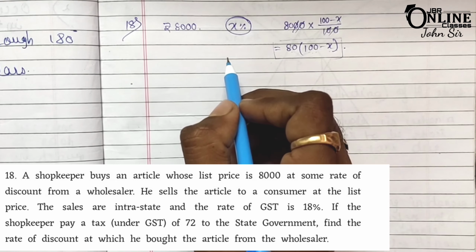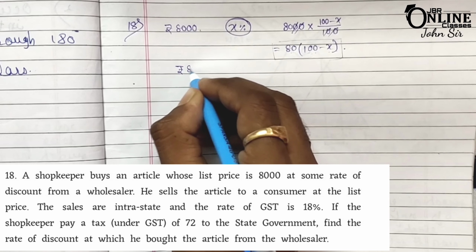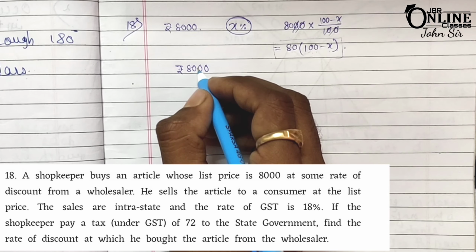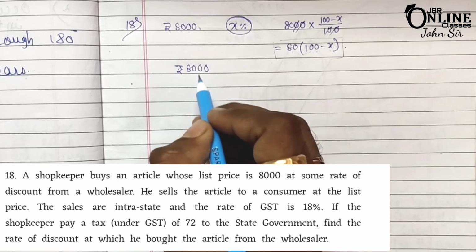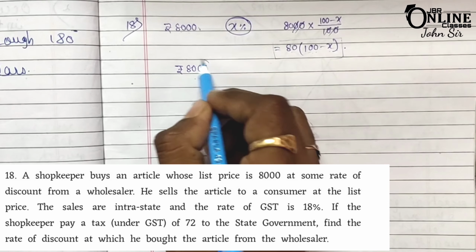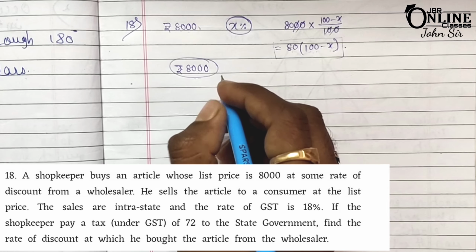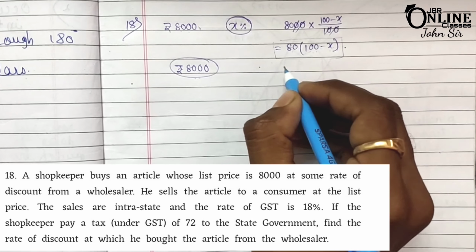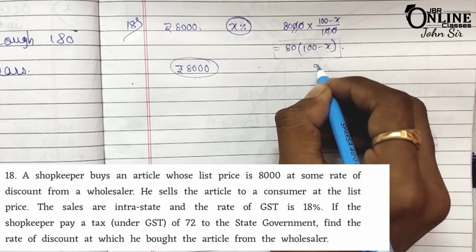Further, given the CP of the article for the consumer equals 8000 again, as he sells the article to the consumer at the list price and the list price is 8000. And the sales are intrastate and GST is 18%. So that means CGST will be 9%, SGST will also be 9%.